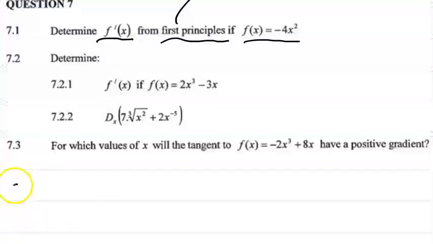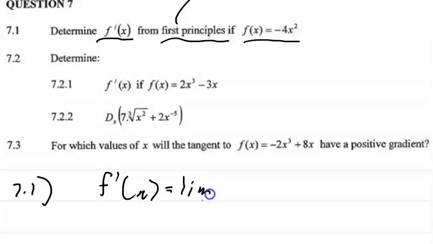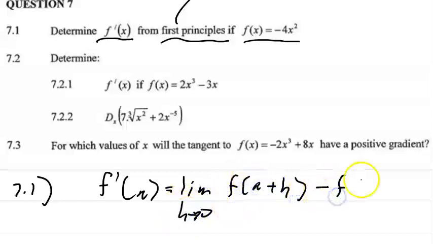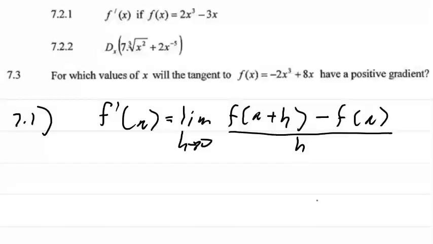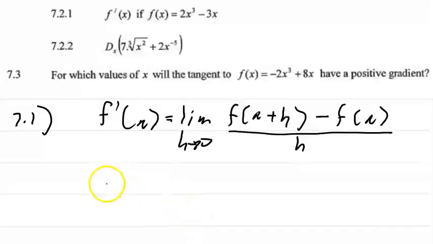So for 7.1, we're going to firstly write down the formula: f prime x equals the limit as h approaches 0 of f of x plus h minus f of x all over h, and that must be written first, the formula, and thereafter we are going to substitute.